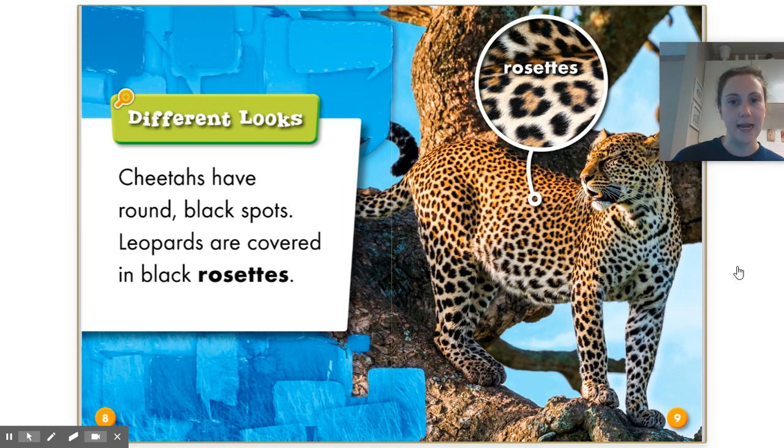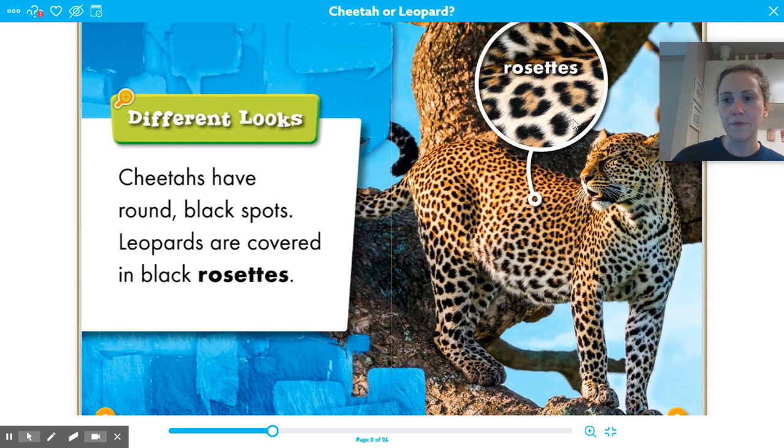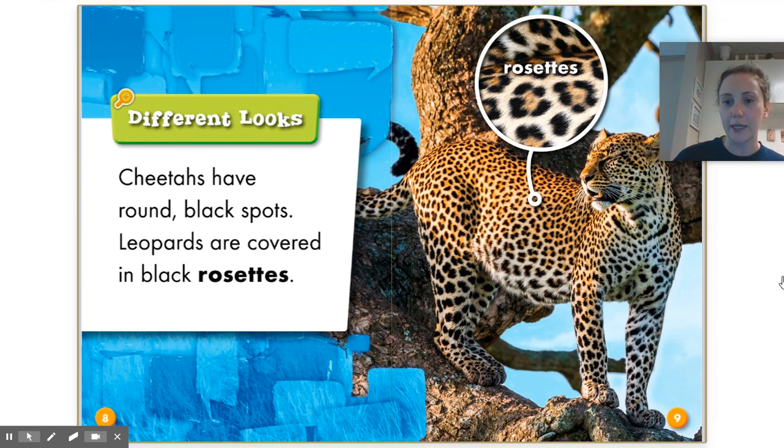Different looks is the heading here. Cheetahs have round black spots. Leopards are covered in black rosettes. This is a feature that we sometimes see in nonfiction text where they zoom in on a photograph like that so we can get a better look at it. That's a really good feature, especially with this photograph, because we can see that with the rosettes, to me it almost looks like a flower petal. Do you see that?